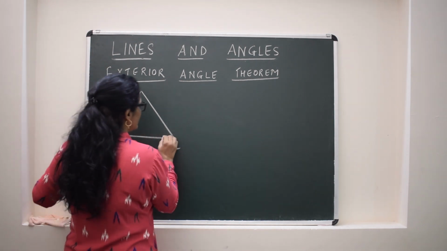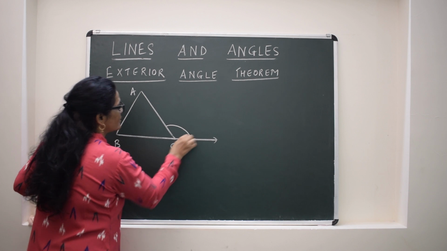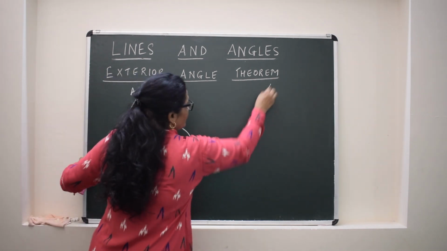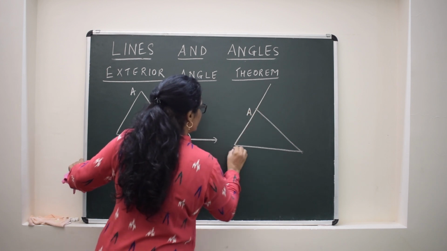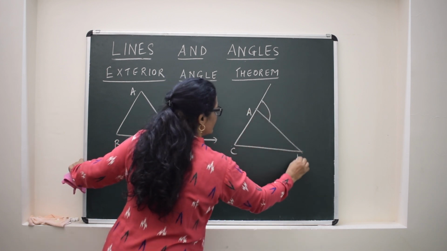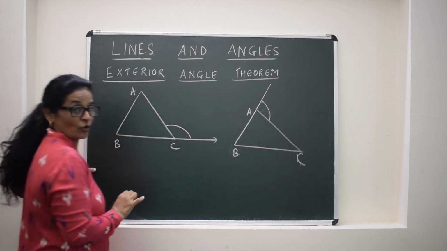First possibility is, suppose I have produced this side BC, so this exterior angle is formed. Or in this way, I have extended CA, so this exterior angle is formed, or BA, and this exterior angle is formed.